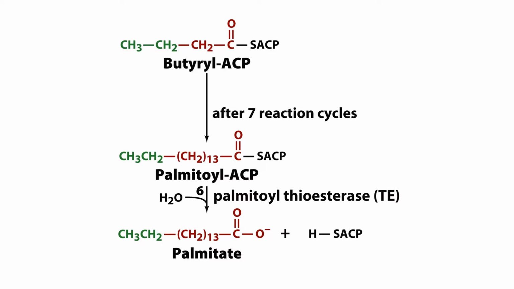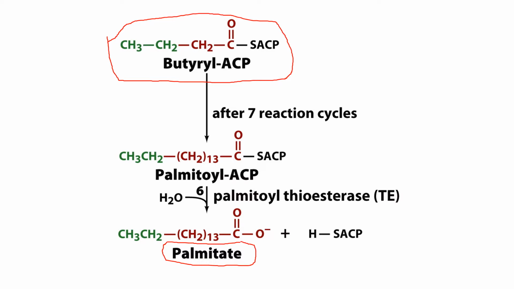And if you recall, that is a 16-carbon saturated fatty acid. So in that first reaction, we produce that 4-carbon acyl ACP, and after 7 reactions, we will end up with palmitate or palmitic acid.